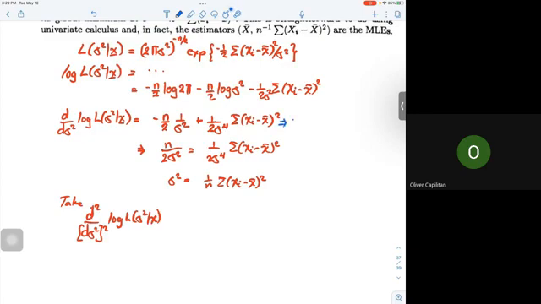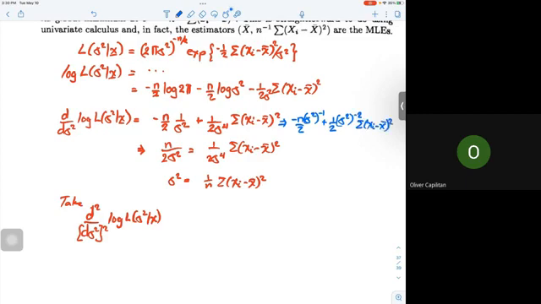So this is negative n sigma square to the negative 1 over 2, then plus 1 half sigma square to the negative 2. Then we have the summation of x sub i minus x bar.